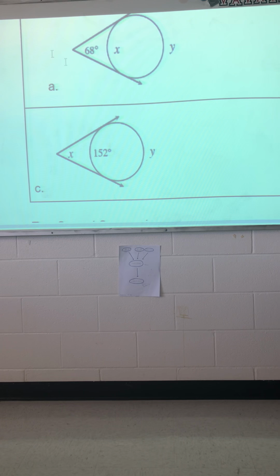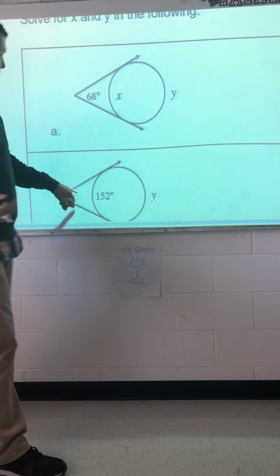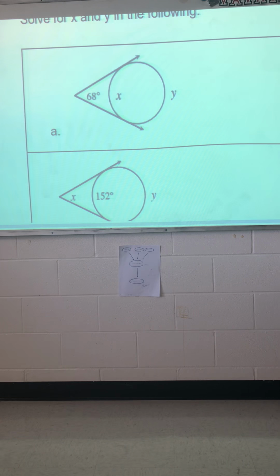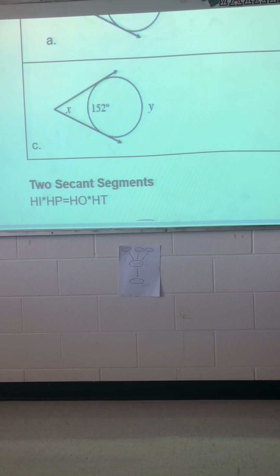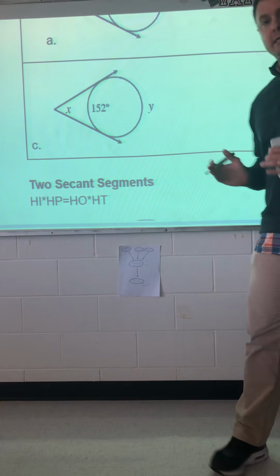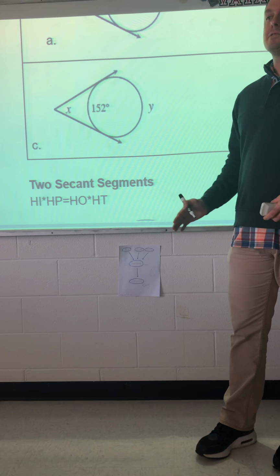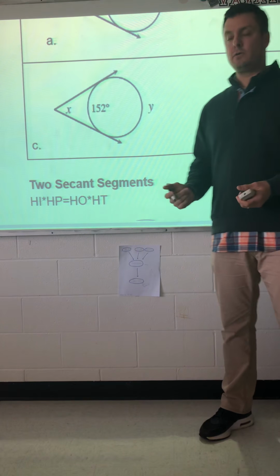And there's a couple things I want to look at here. With two tangents, there's a couple of different scenarios. And I actually want to do this B one here first. Or I guess it's C. The key thing with these tangents to realize is that there are still 360 degrees in a circle.